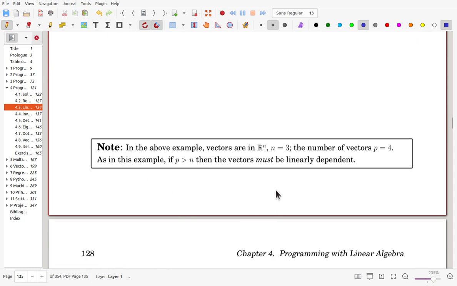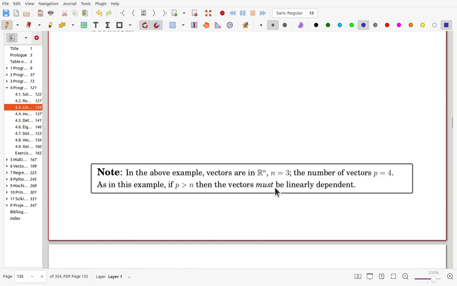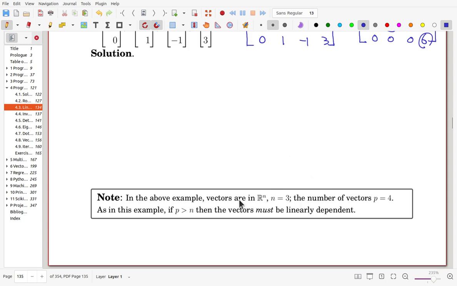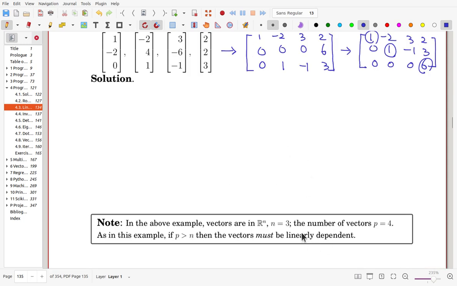In the above example, vectors are in R^3, but the number of vectors p is 4. As in this example, if p, the number of vectors, is larger than the dimension, then the vectors must be linearly dependent.